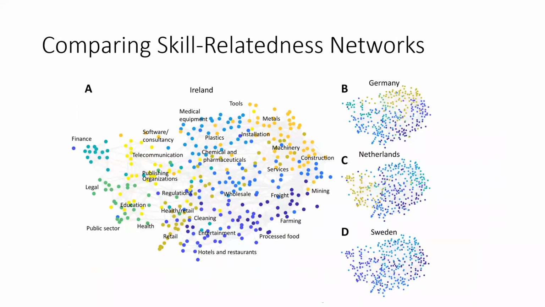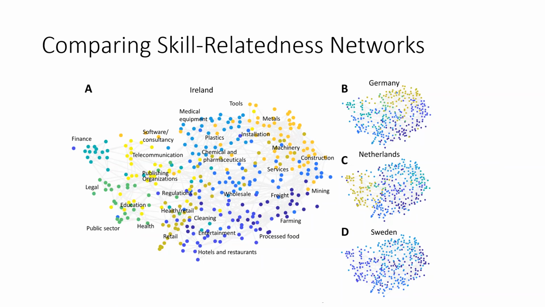Okay, and then basically to conclude, we want to go back to the initial motivation for this paper, which was to compare the skill-relatedness networks across different countries. So here we have the comparison of Ireland's skill-relatedness network with that of Germany, the Netherlands, and Sweden.